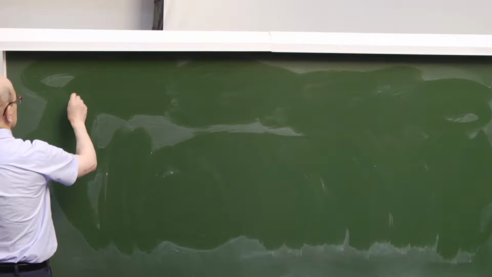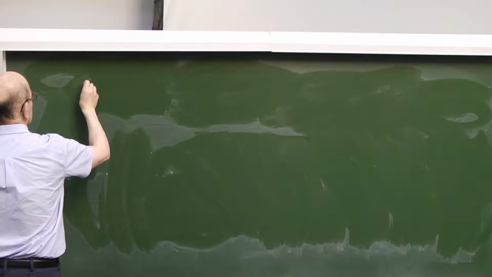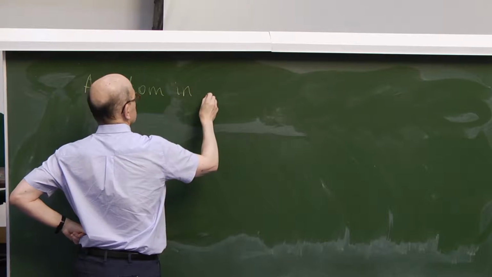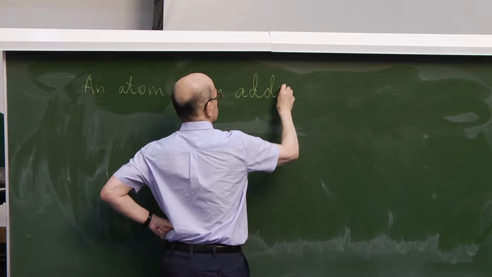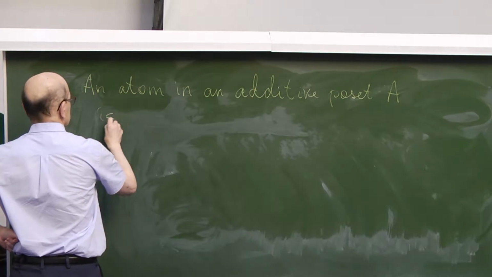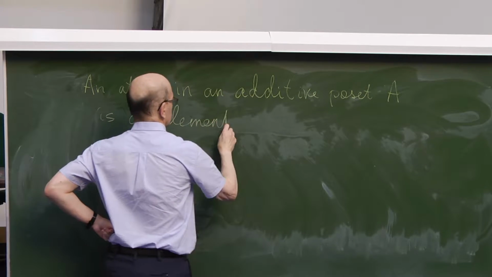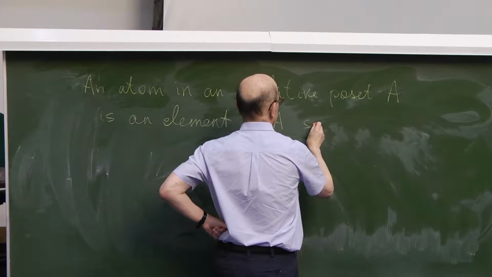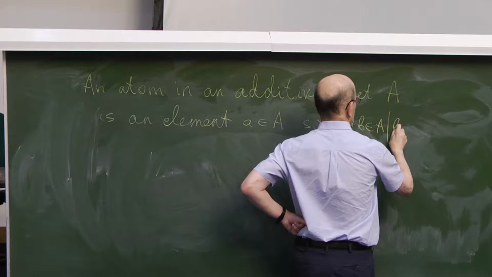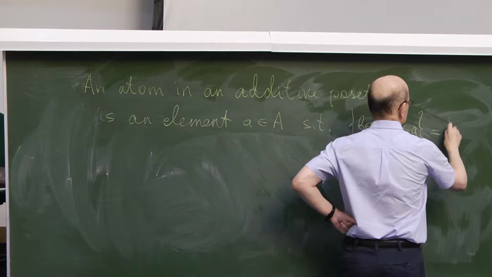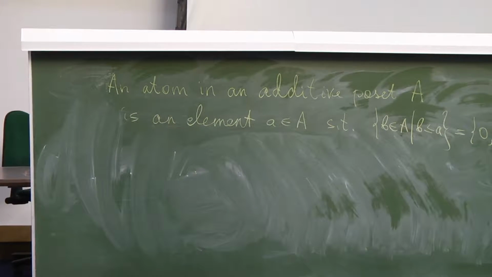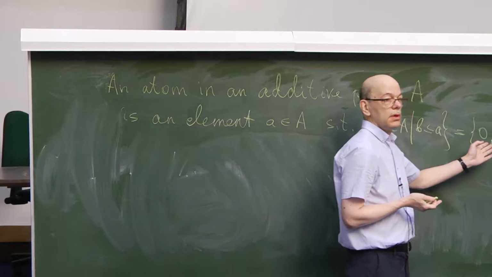So an atom in an additive poset A is an element A such that the set of all elements B of A that are smaller than or equal to A consists of only two elements, 0 and A. There are no elements smaller than or equal to A except 0 and A. Then A is called an atom.